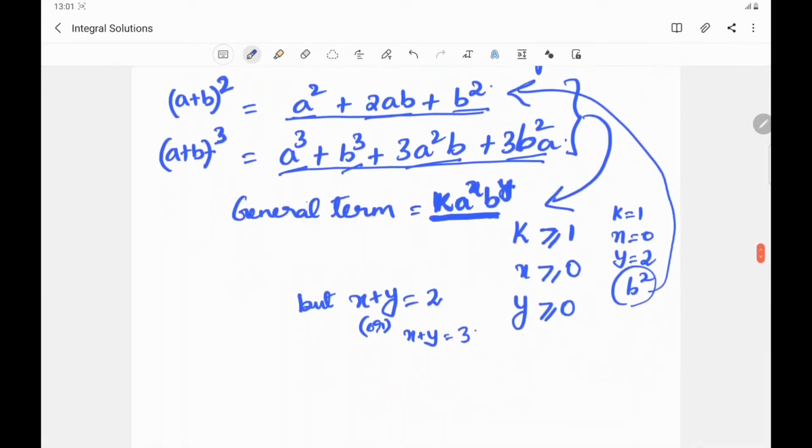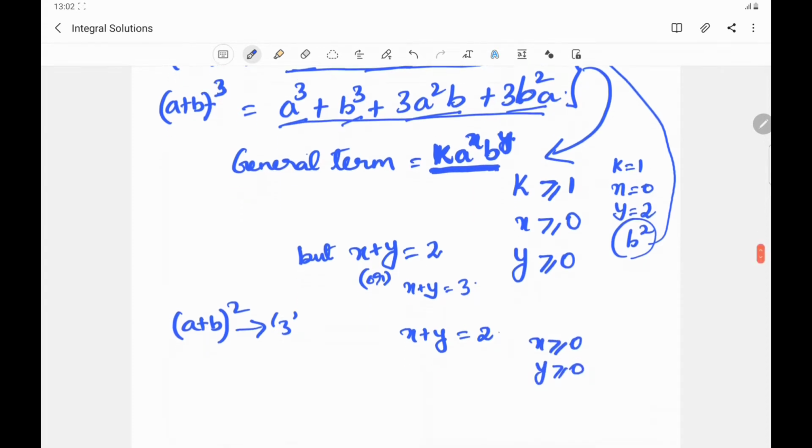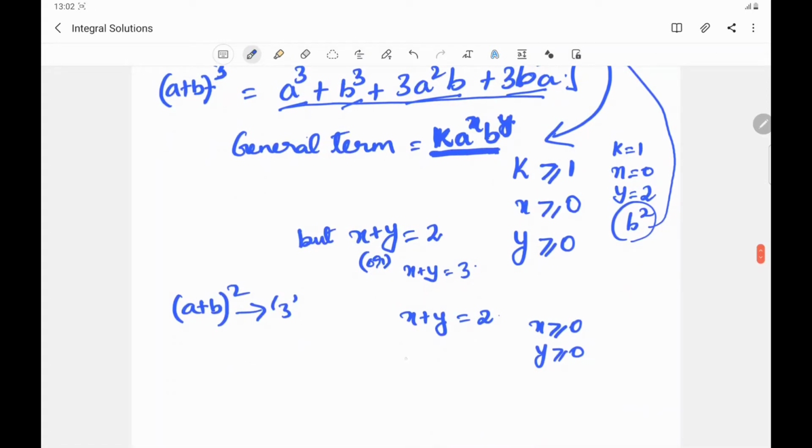Now if we are asked to find the number of terms in the expansion (a + b) whole square, we already know that it is 3, but by using the generic term, we know that x plus y is equal to 2, where x is greater than or equal to 0 and y is greater than or equal to 0. We are indirectly finding the number of whole number solutions to this equation.